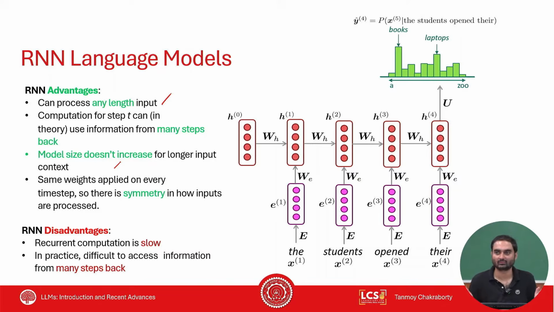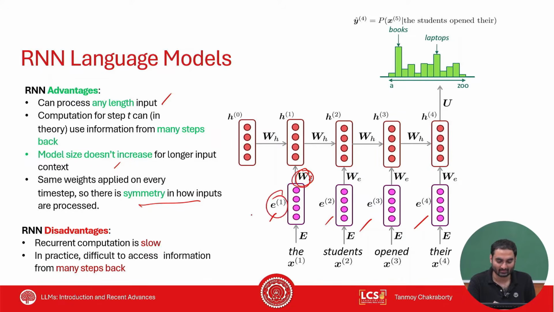Model size doesn't increase with the increase of the context length, right? And this symmetricity, the same weights are the same weight. If you look at this W_e, it is multiplied with all the embeddings separately, right?